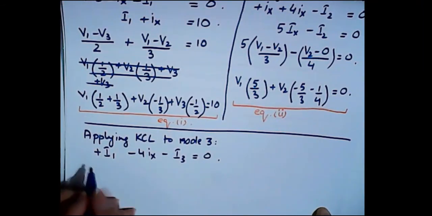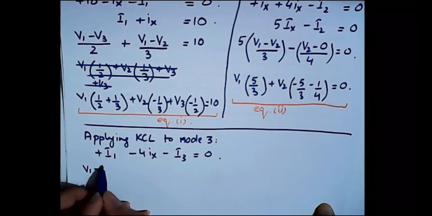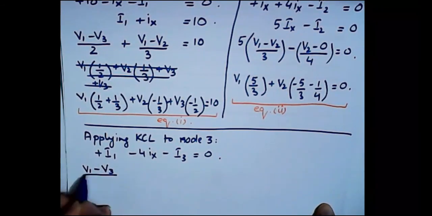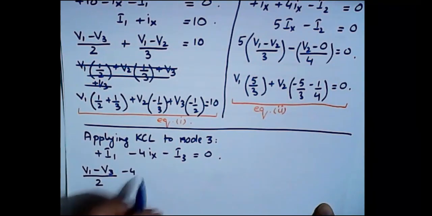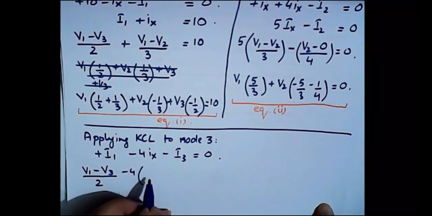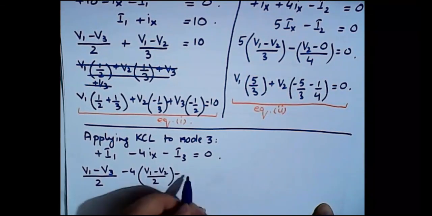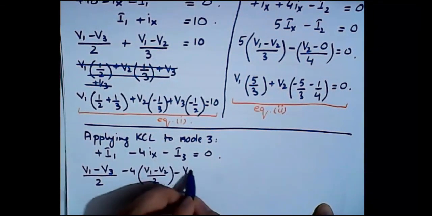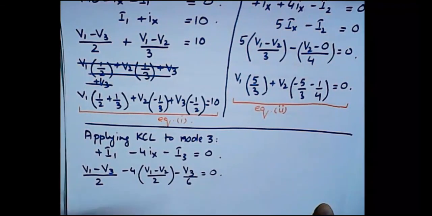I1 we all know is how much? V1 minus V3 divided by 2, minus 4Ix, which is how much? V1 minus V2 upon 3, minus I3, which is V3 upon 6, is equal to 0.